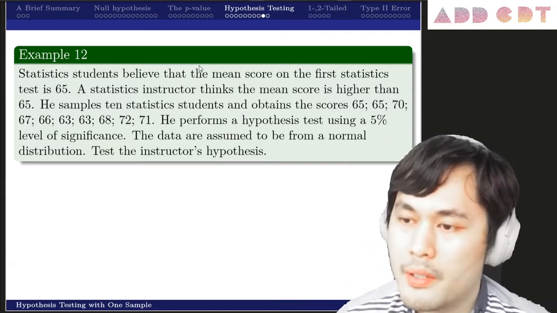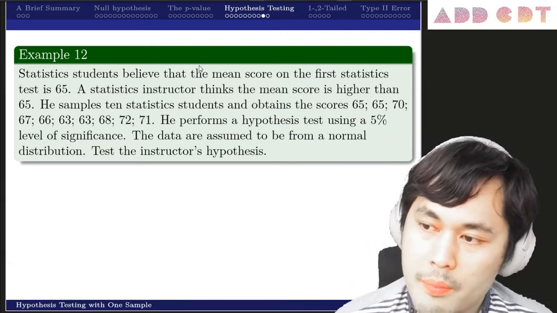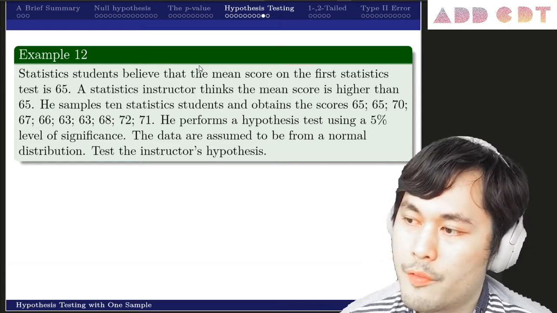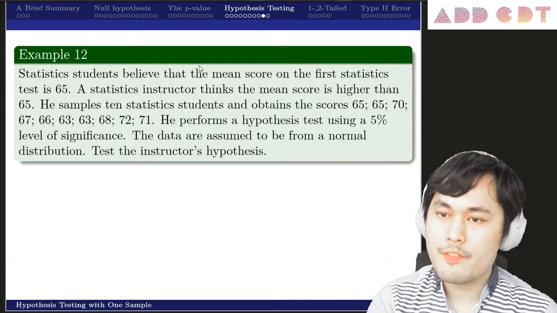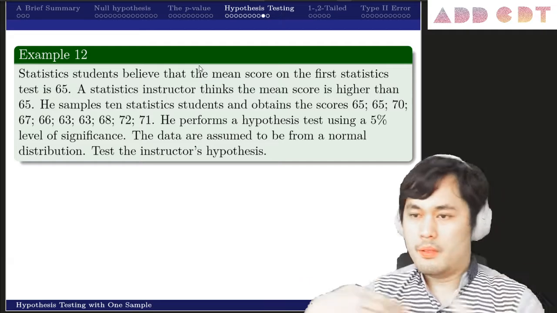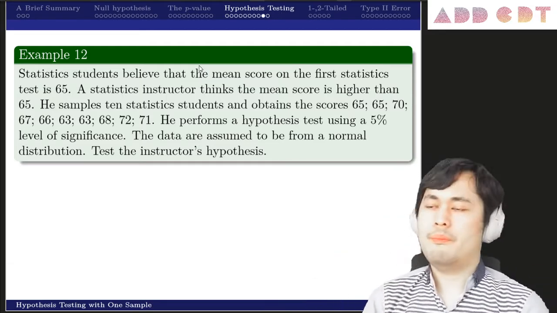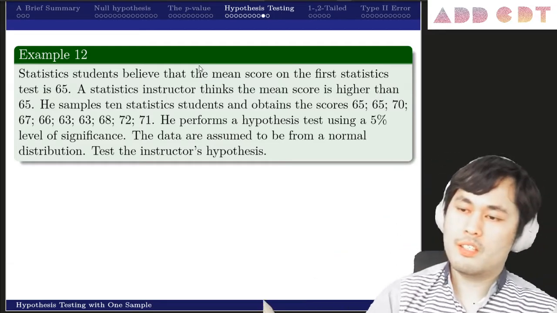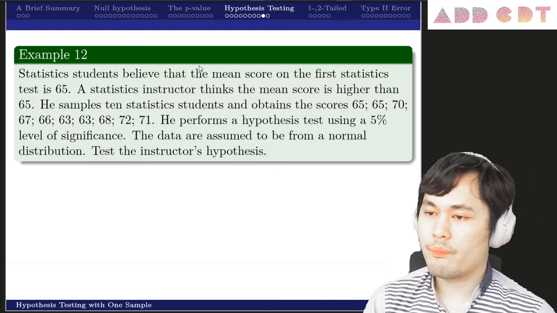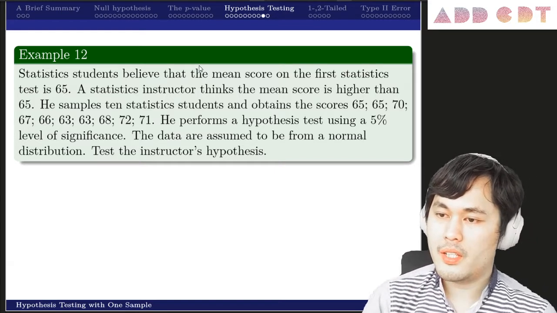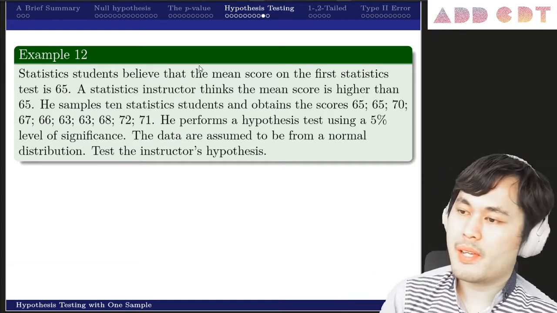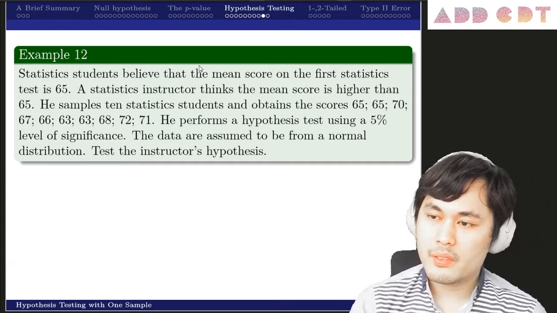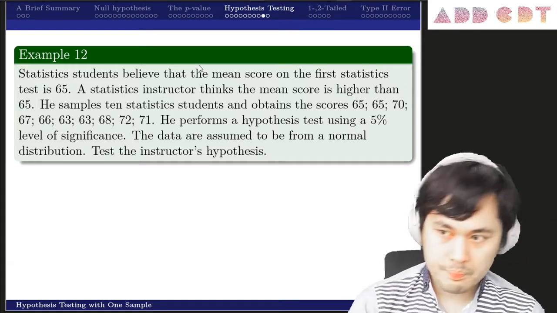Right, so the statistics students believe that the mean score on the first test is 65. They believe that 65 out of maybe 100, because the exam is hard, or because the instructor fails to explain clearly what the problems are.